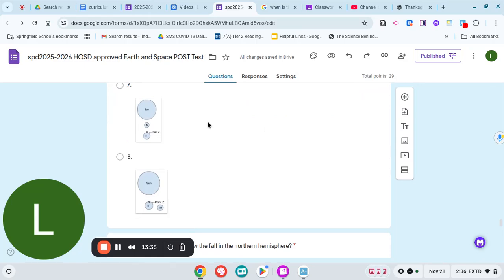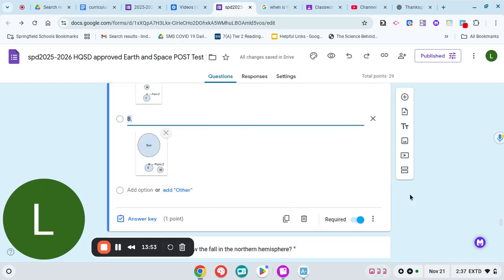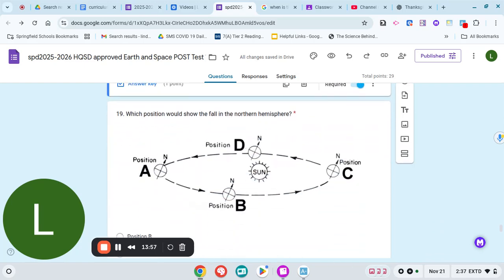So this is point Z. Do I want my moon and my sun to be right here to produce the highest tide at point Z? Or do I want at point Z my sun and my moon to be over here? So where do I want my moon and my sun to show the highest tide?